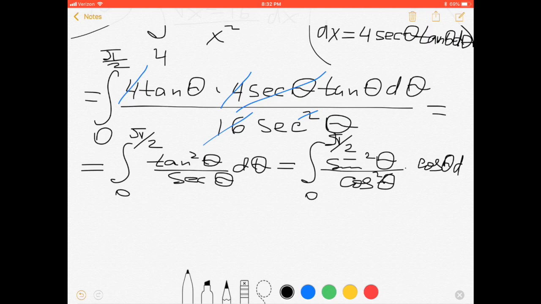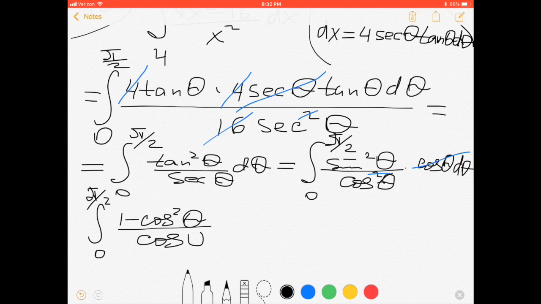Okay, simplify here, and remember the trigonometric identity. Here sine squared is 1 minus cosine squared theta, over cosine theta d theta. Separate into two fractions.